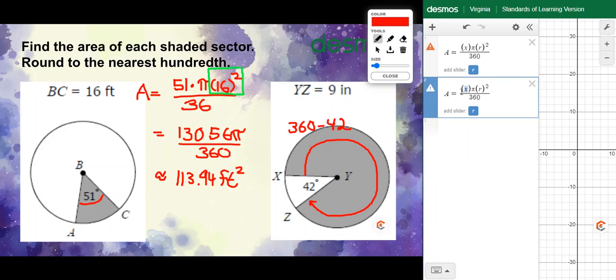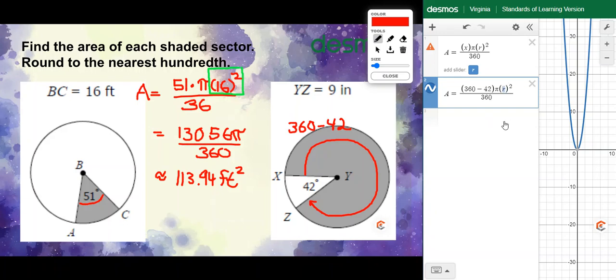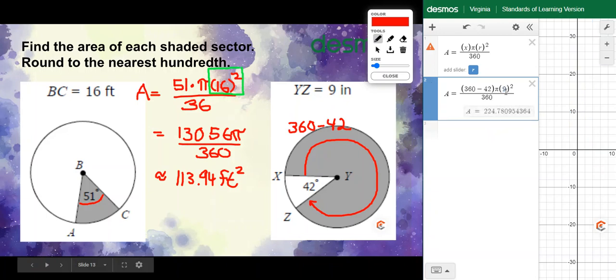So our arc is actually going to be 360 minus 42, which I can just put in like that, or you can do the subtraction. And our radius is given to us, YZ, as 9. And that brings us to our area of 224.78 inches squared.